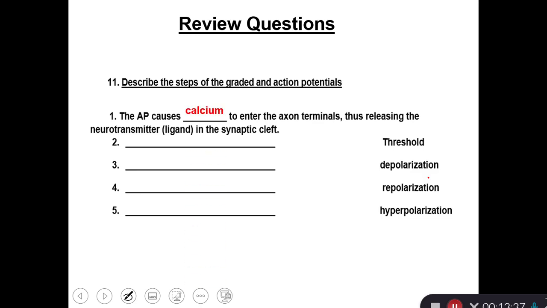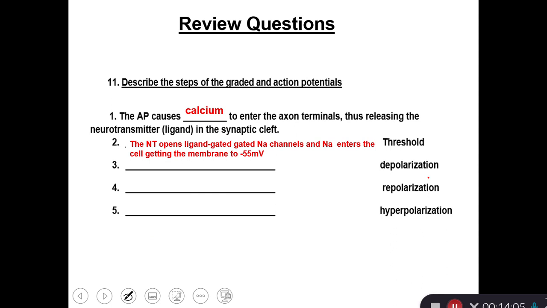Remember that calcium must go inside the terminals of the axon to kick out the ligand, or the neurotransmitter, out into the synapse. Then that neurotransmitter will open up ligand-gated sodium channels. Sodium goes in until the membrane goes up to the threshold, which is minus 55 millivolt.